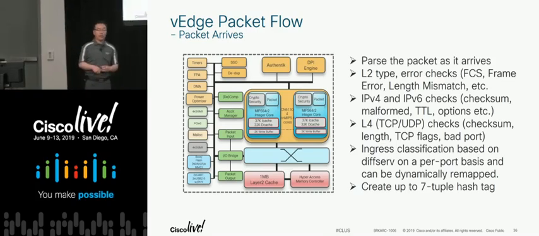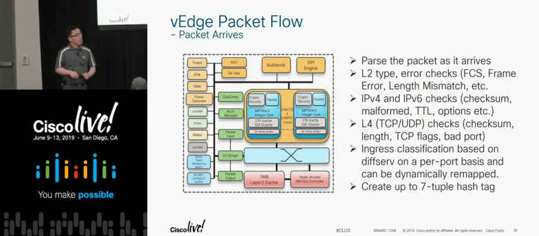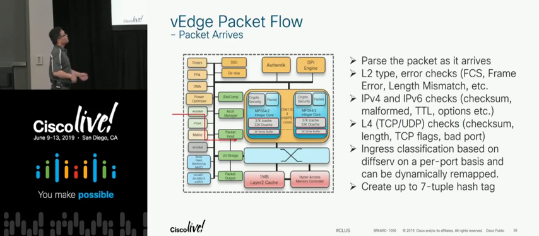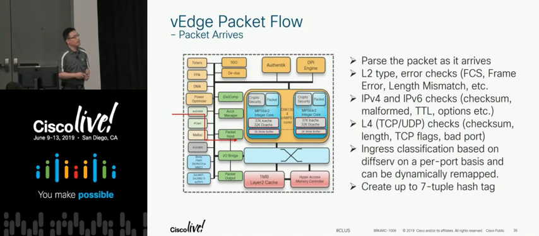The vEdge 1000 has 4 MIPS cores and a number of hardware acceleration processors. As the packet comes in from the ingress interface, the packet input processor is going to perform some early processing on that packet, including the exception check and the checksum.